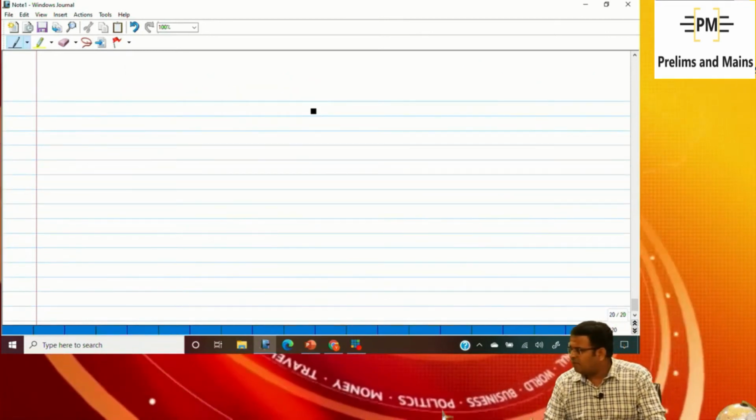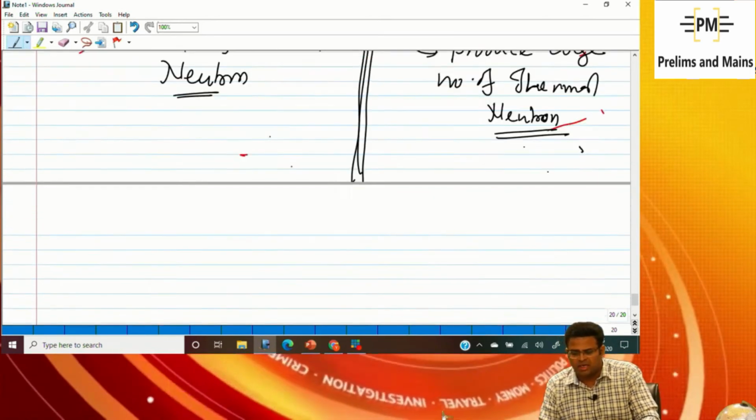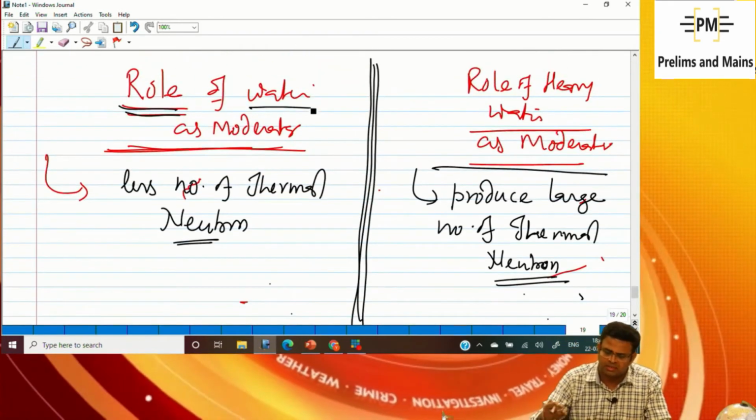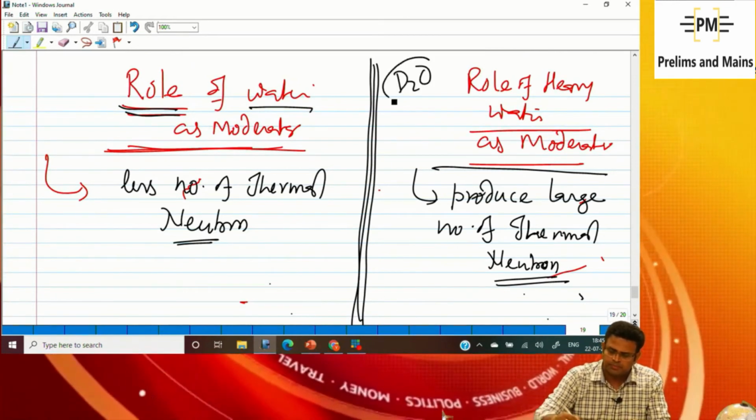Now everyone is clear that heavy water is deuterium oxide.